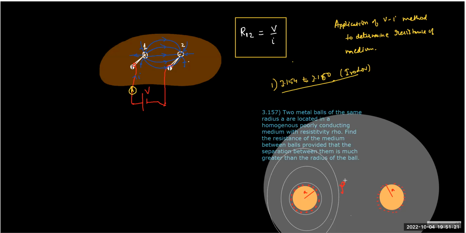No need to draw everything. So how do we approach the question? You can assume some charge Q here, and some charge minus Q here.